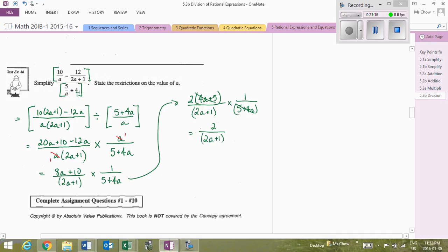And no, you cannot take out those 2's, because that 2a plus 1 is combined as a single binomial.